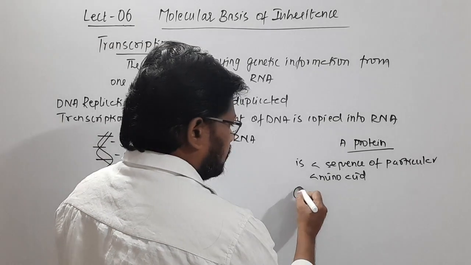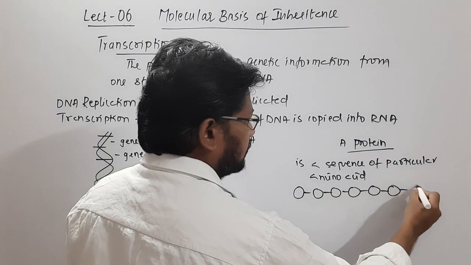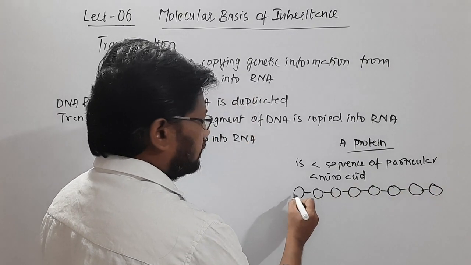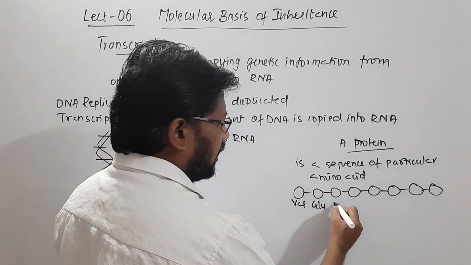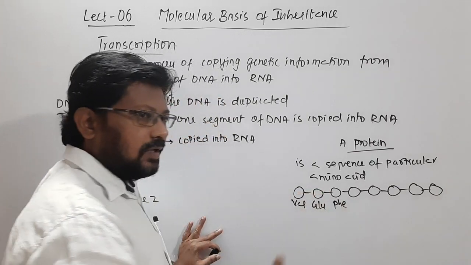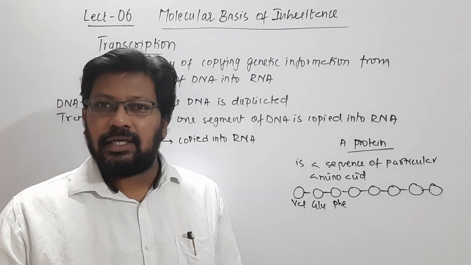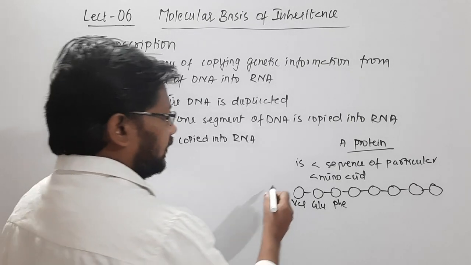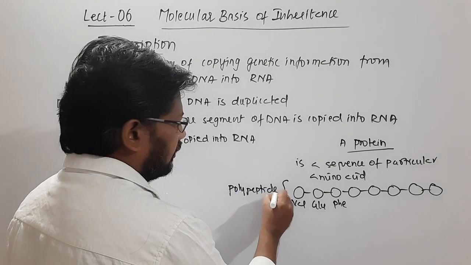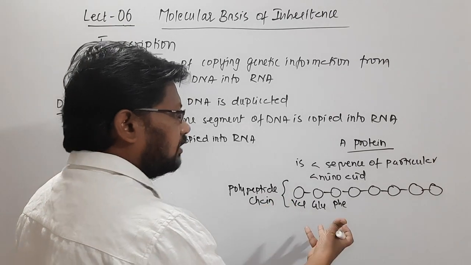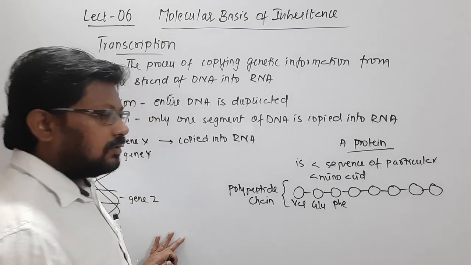Say there are amino acids like valine, glutamic acid, then phenylalanine. Later I will give you all the 20 amino acids that are used in making a polypeptide chain. So say this is a polypeptide chain, and every polypeptide chain will have its particular sequence of amino acids.